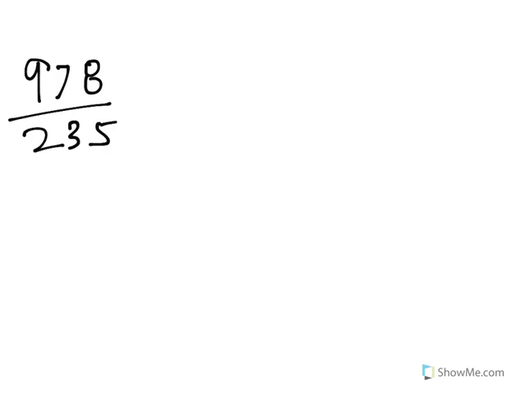As a challenge, would you now turn 978 over 235 into a simple finite continued fraction and write the answer in what's called linear form, the shorthand form? Okay, and the answer should have ended up as 4; 6, 5, 2, 3.